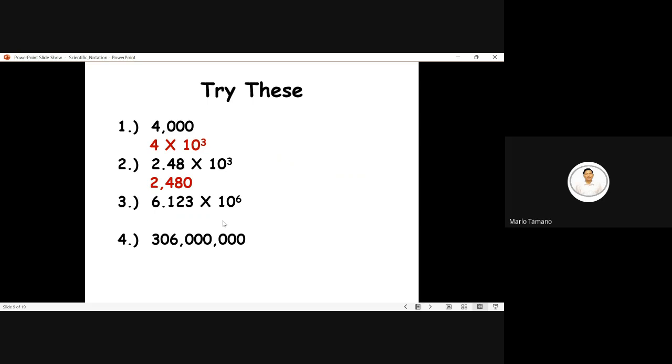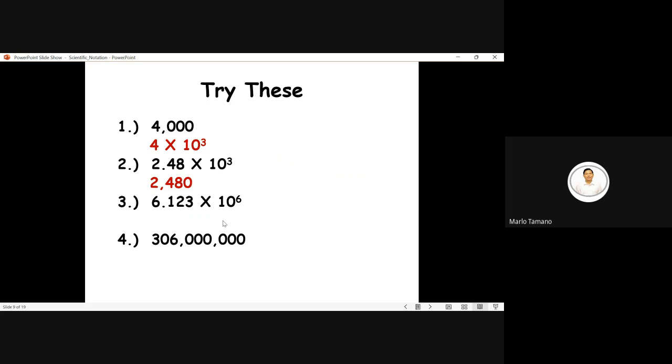Next, number 3. The same scientific notation. Express it in a standard form. Again, the exponent of our base 10 is 6, no? So what shall we do?